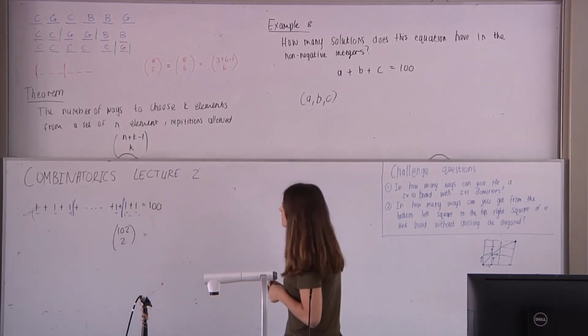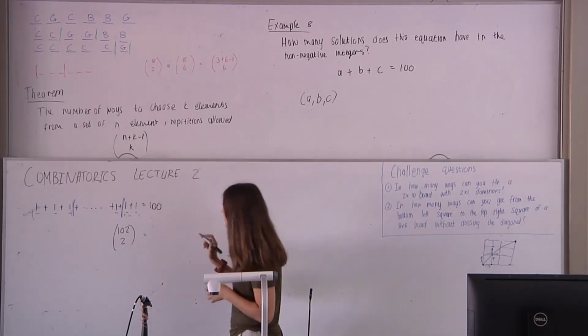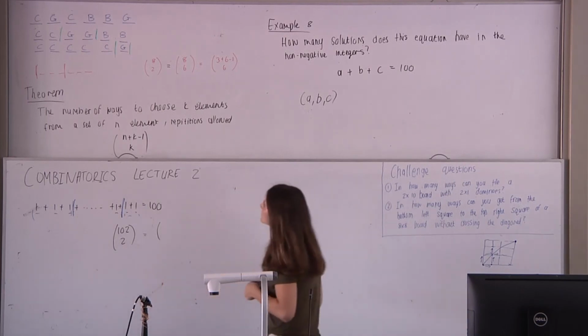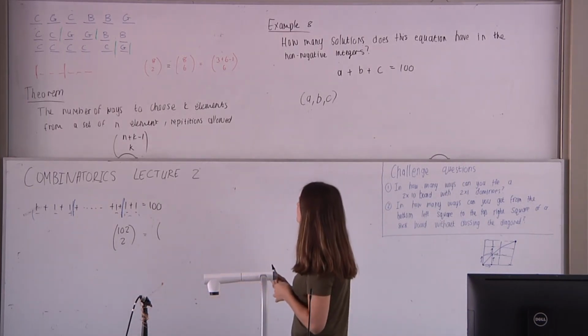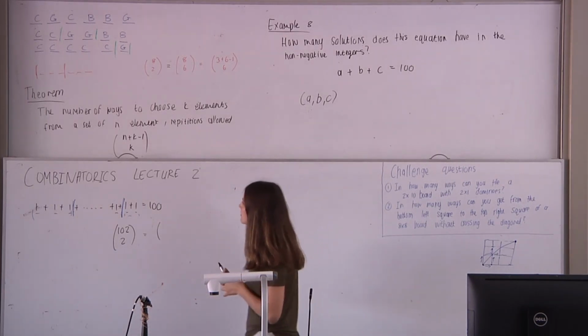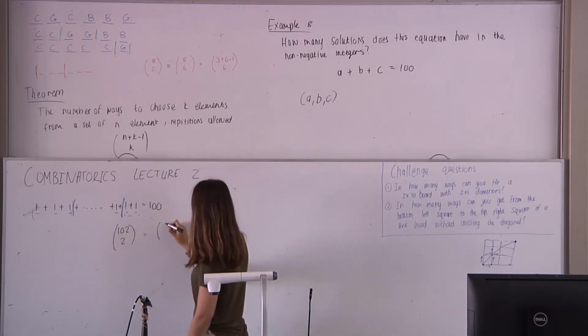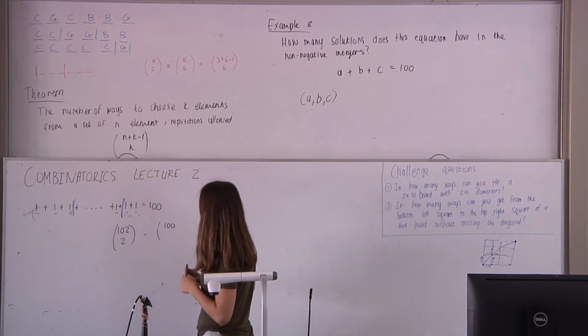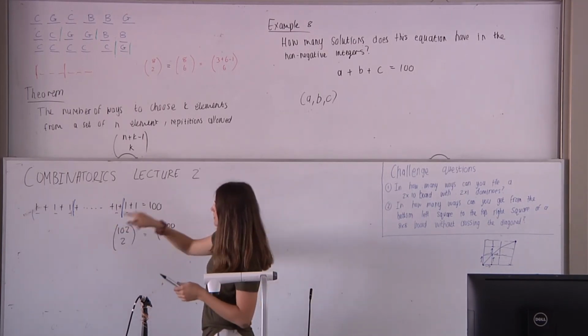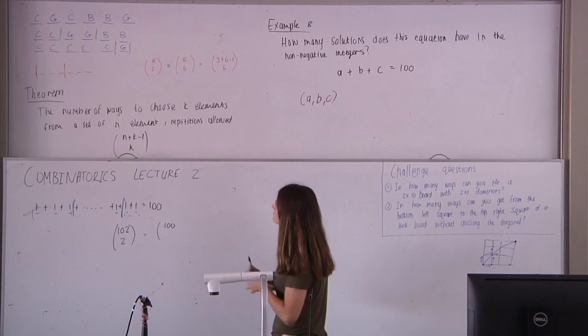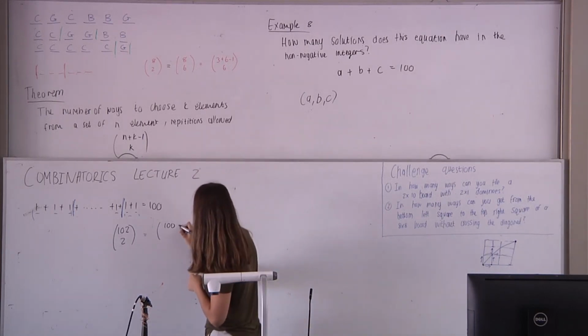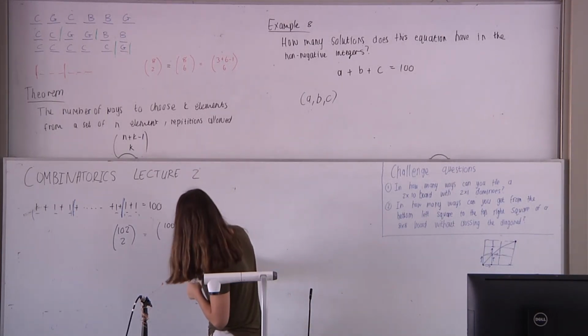Alternatively, you could use the theorem. We have n elements to pick from, and our n is the 100 ones to pick from. And you want to divide them into 3 sets. You want to choose k elements. Sorry, that's a 3.